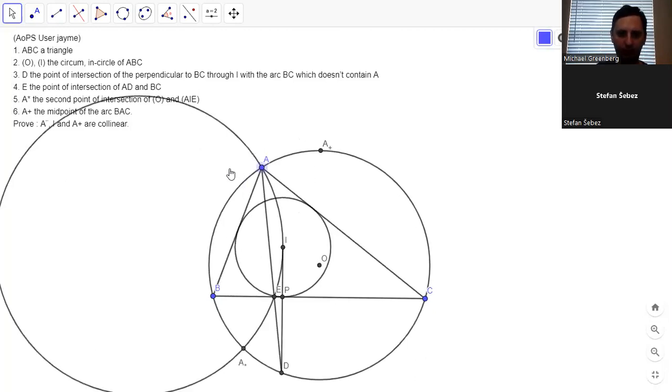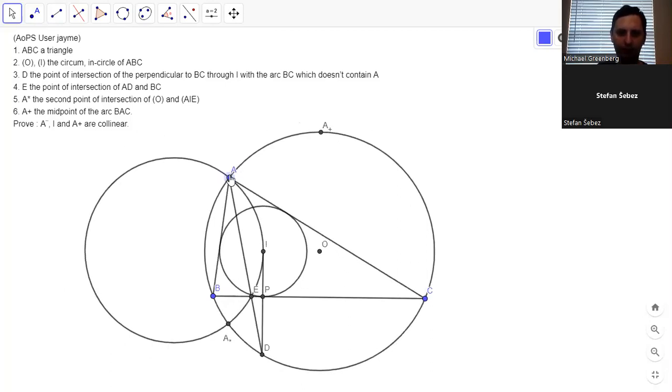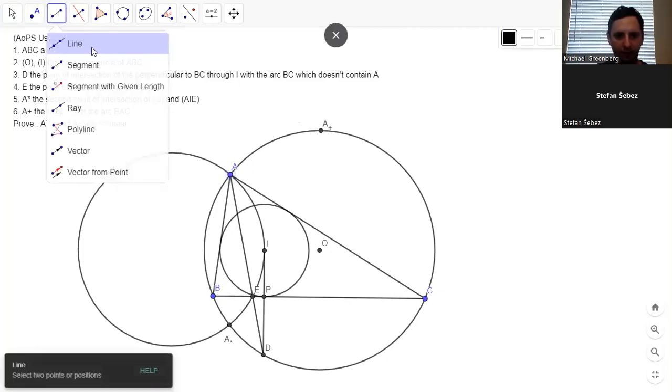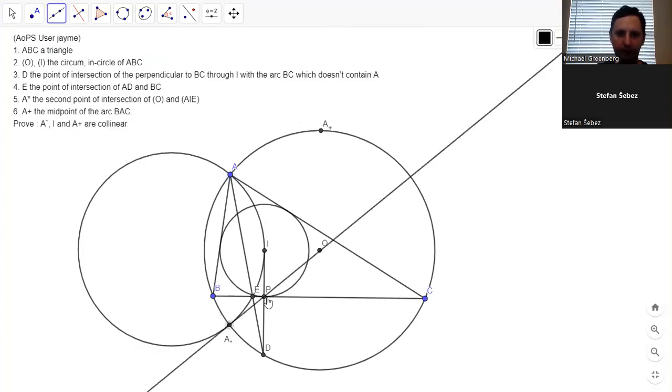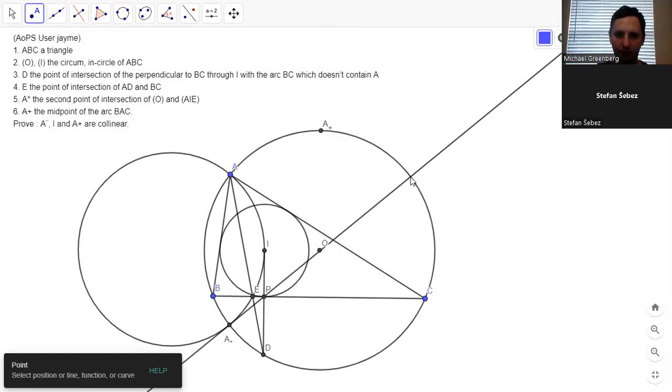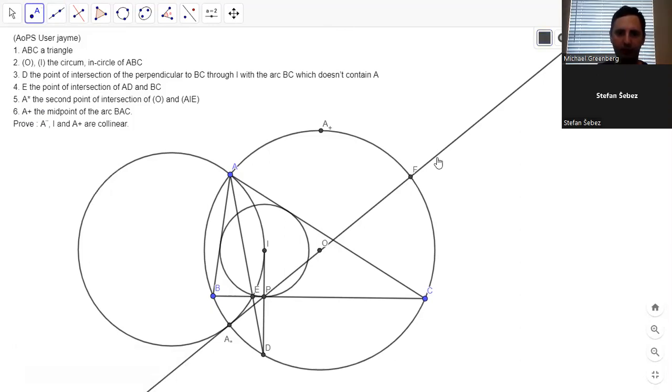I don't know if there's a well-known thing, although I don't know the proof myself. I think there's some theorem that says that if you take the point of tangency of the mixtilinear incircle and connect it through P, then this segment is parallel to BC. So maybe we can draw this point, and we could try to show that AF is parallel to BC.